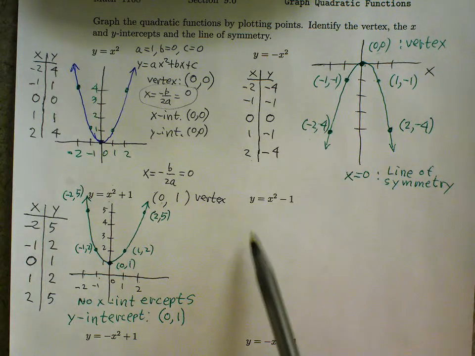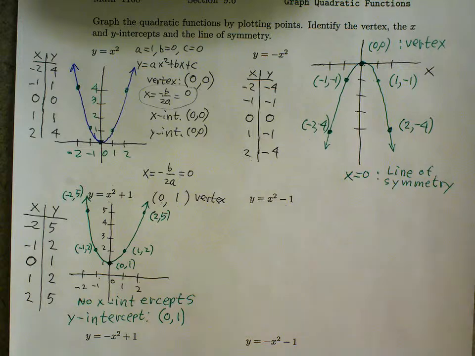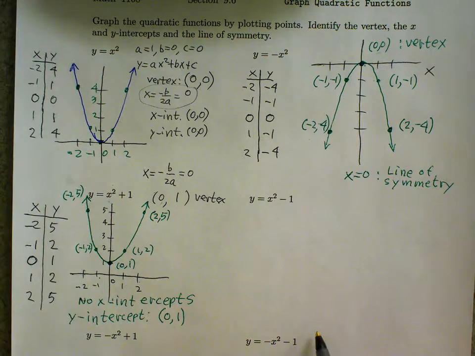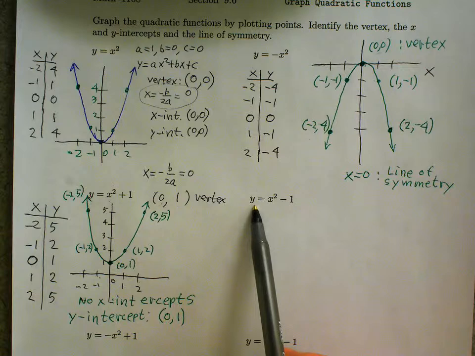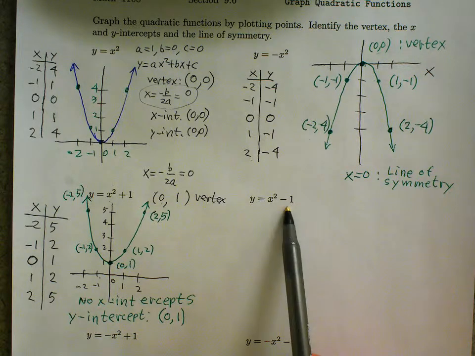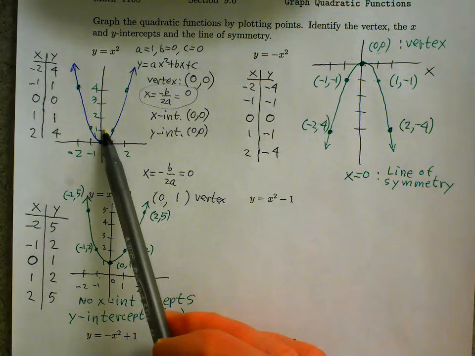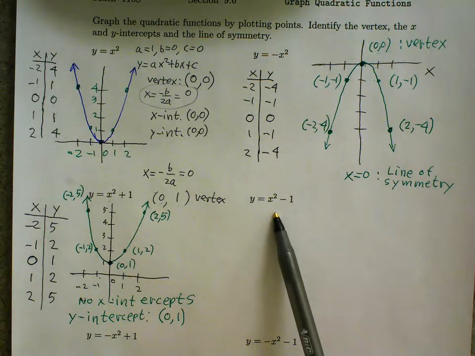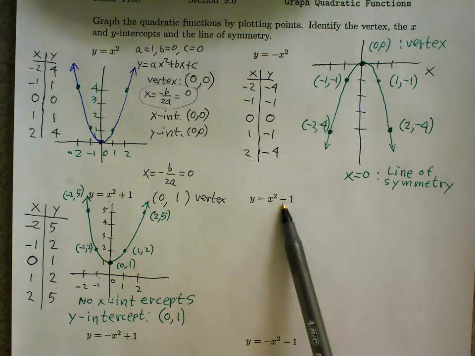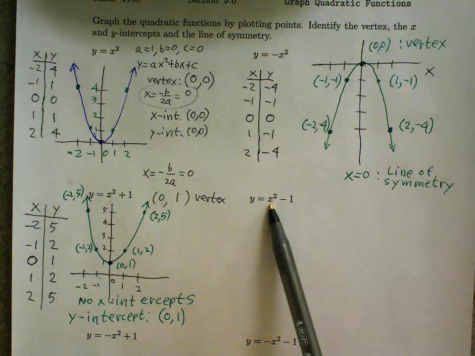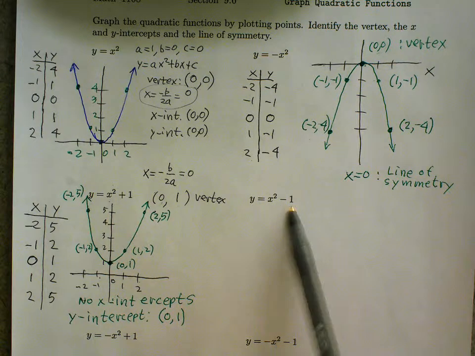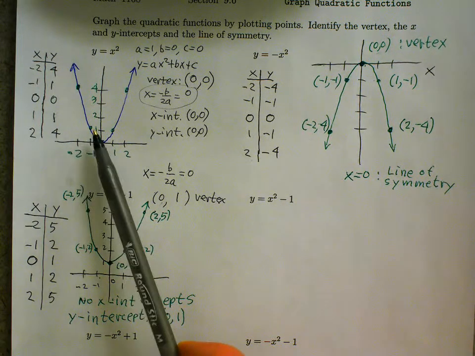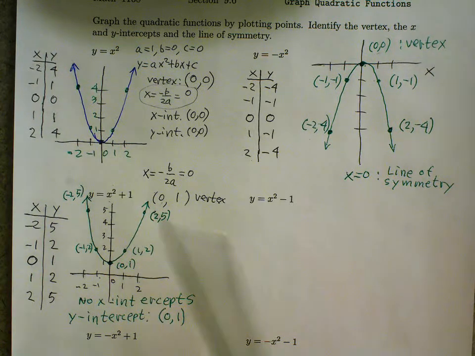Okay, the next one, y equals x squared minus 1. The relationship between the graph of y equals x squared minus 1 and the graph of y equals x squared, well, both parabolas open upwards, but the graph of y equals x squared minus 1 can be found by taking the graph of y equals x squared and moving that graph vertically downward by 1 unit.